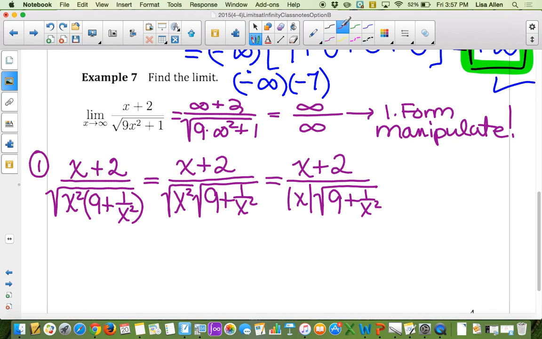Okay, recall as I say this that the square root of x squared is equal to the absolute value of x, okay, and not just x.